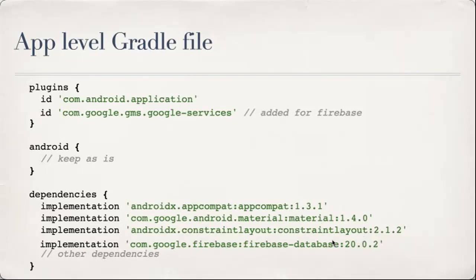Again, make sure you use the latest versions. Okay. These steps can also be completed via the Firebase tool or Firebase assistant in the Android Studio. So go to tools and then Firebase, and then it will guide you through those steps. But you can directly do this. It's nothing special. The tool basically writes the Gradle files only.